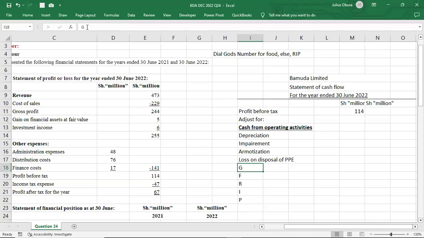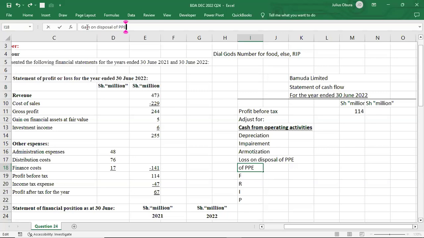Then of course the G is for a gain. So we'll have gain on disposal of PPE, or as well gain on disposal of a subsidiary in case of a group.